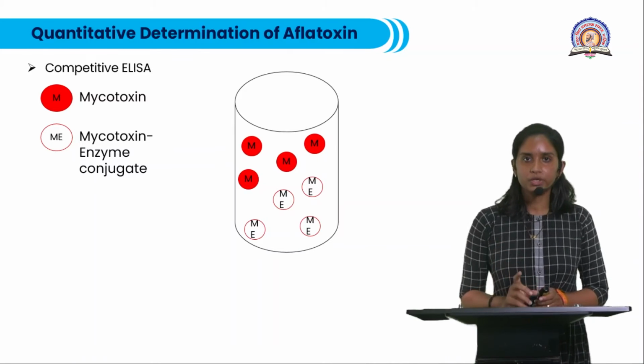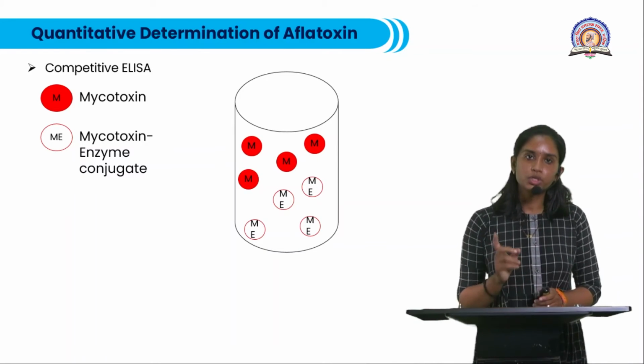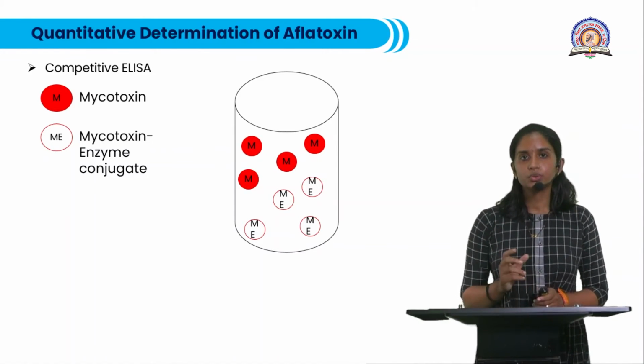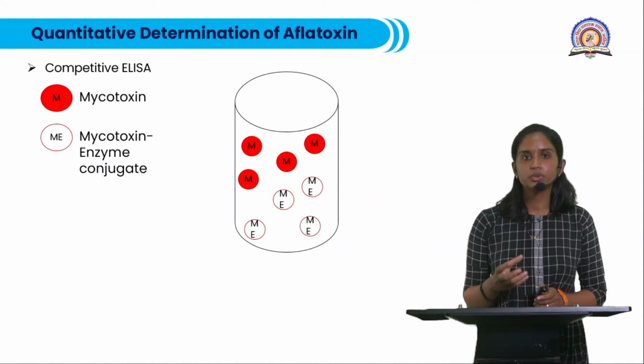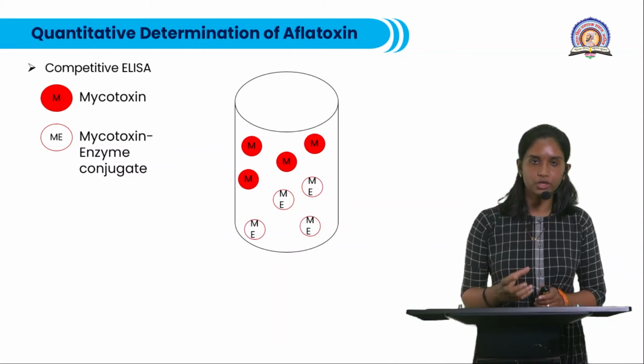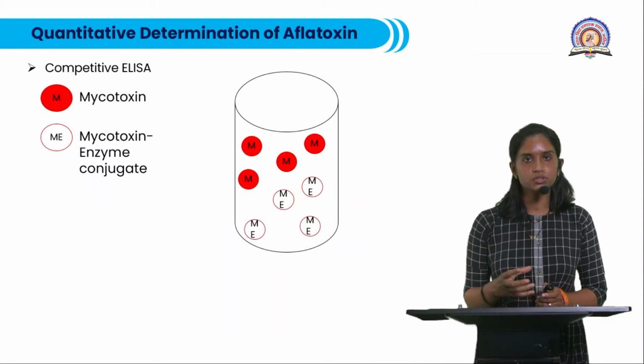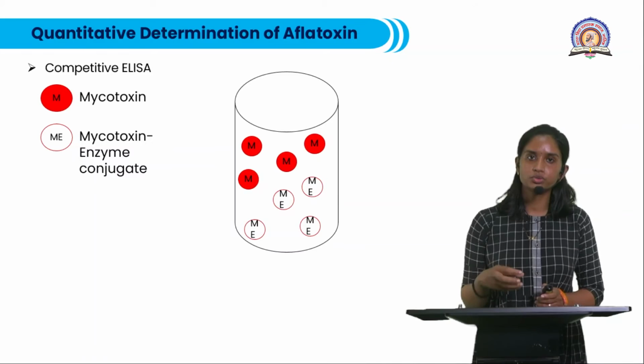So what is our antigen? It is mycotoxin. The first step that you need to do here is you need to have pure suspension of your antigen. So here you need to have pure suspension of mycotoxin, and this mycotoxin should be conjugated or attached to the enzyme.